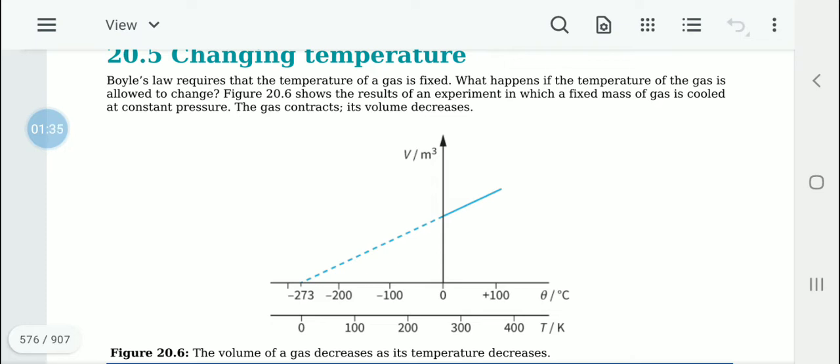The opposite of what I just explained. Kinetic energy decreases, so it moves in a lesser area or lesser volume. So a fixed mass of gas is cooled at constant pressure. The gas will contract, so that its volume will decrease.